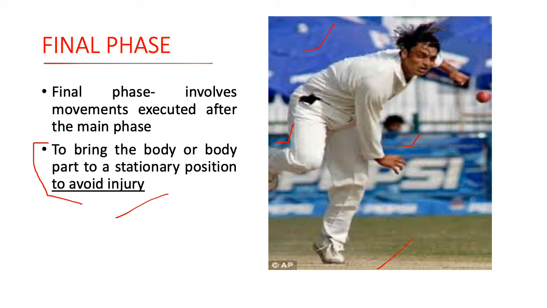So that you also keep in the final stage, that after performing the task, I have to maintain a proper position that is within the rules of the game, and I have to protect myself also. I have to balance myself also so that I don't fall. So after the execution of the main phase, these are the things which happen in the final phase. So in every motor action, whatever you do in any game, whatever action you are doing, these three phases are there: pre-phase, main phase, and the final phase.